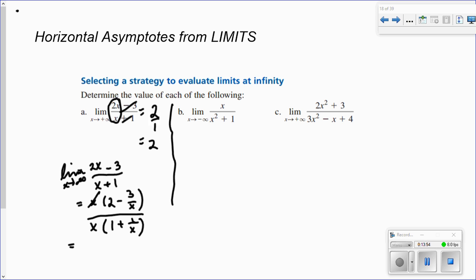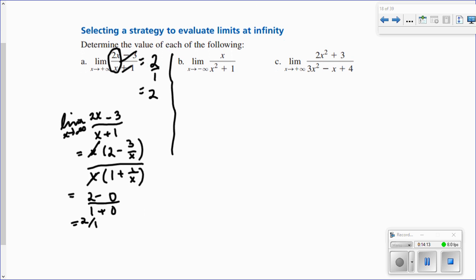So my x's cancel. Now when I evaluate the limit as x approaches infinity, 3 over infinity is 0, right? And really it's 2 over 1. So my limit can be expressed this way, and this is a technique that you'll maybe start to see when you get off to university and do some math.